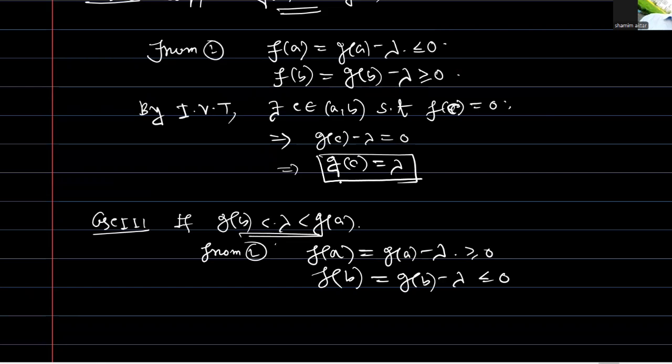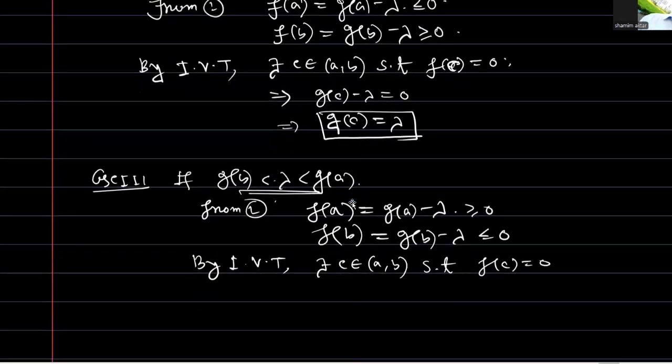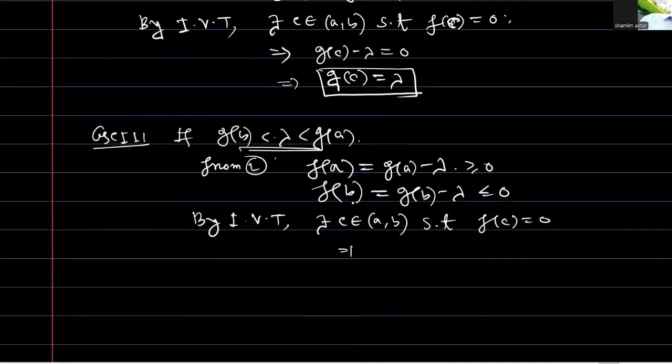So again by the intermediate value theorem, there exists c belonging to the open interval a comma b such that f of c is equal to 0. So this implies g of c is equal to lambda, and hence the proof.